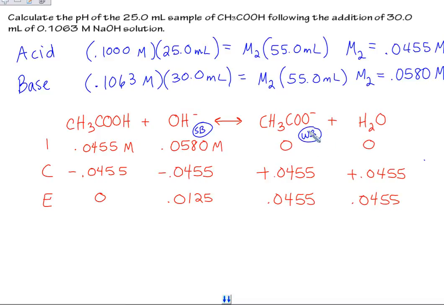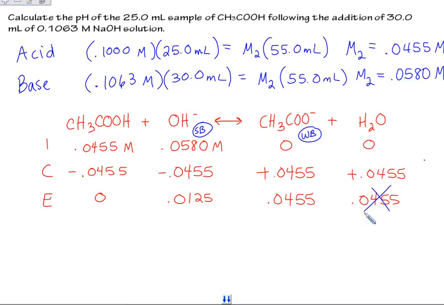And we've got some water, which if I'm deciding between these three particles, I really don't care about. That's not going to affect the pH. So between the hydroxide and the acetate ion, I'm pretty confident that the final solution is going to be a base. Do I somehow have to use both of these ions to calculate the pH?